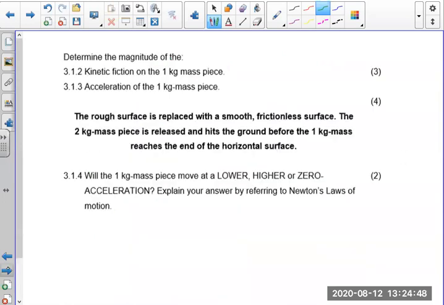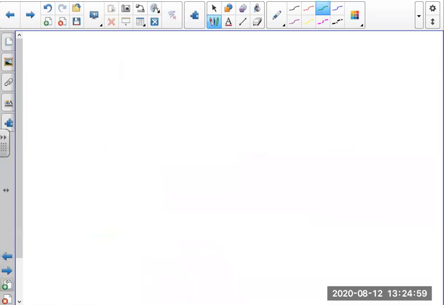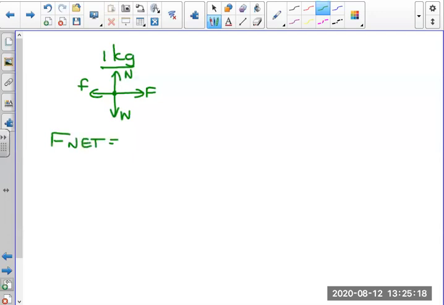The next question they ask is the acceleration of the 1 kilogram mass. Now they want us to work out the acceleration. Let's quickly look at this. For the 1 kilogram block, just for myself, the free body diagram: I have the weight, normal force, applied force and friction force. When I want to work out acceleration, I can use F net equals m times a.